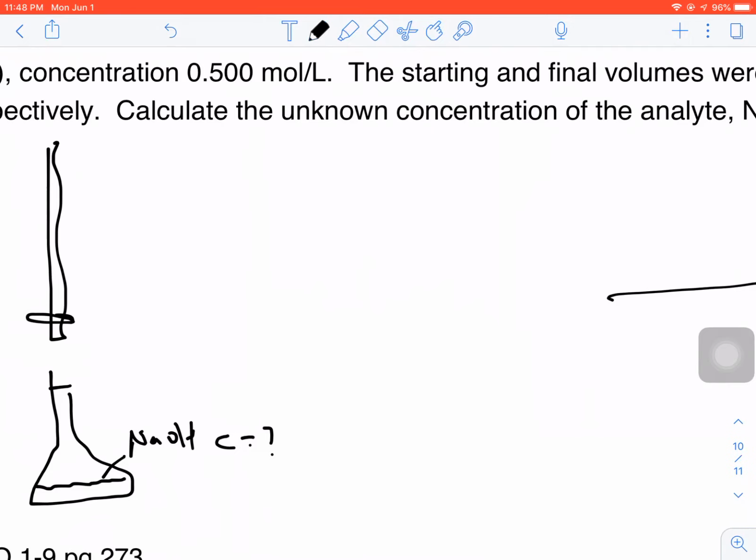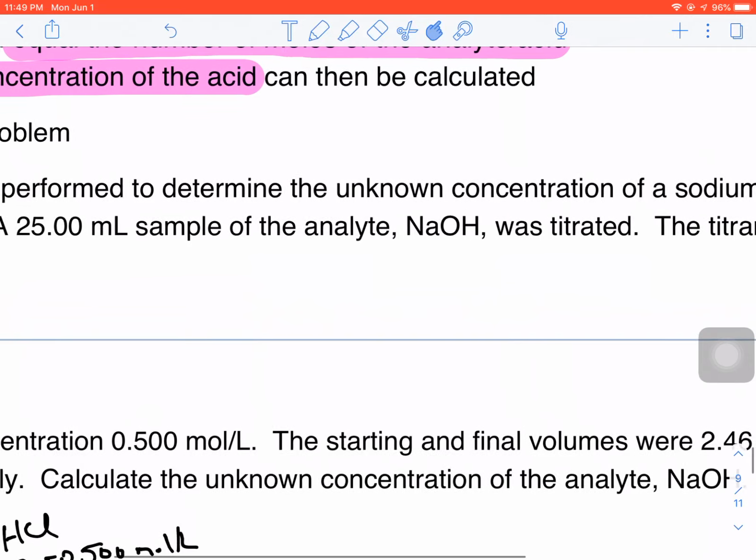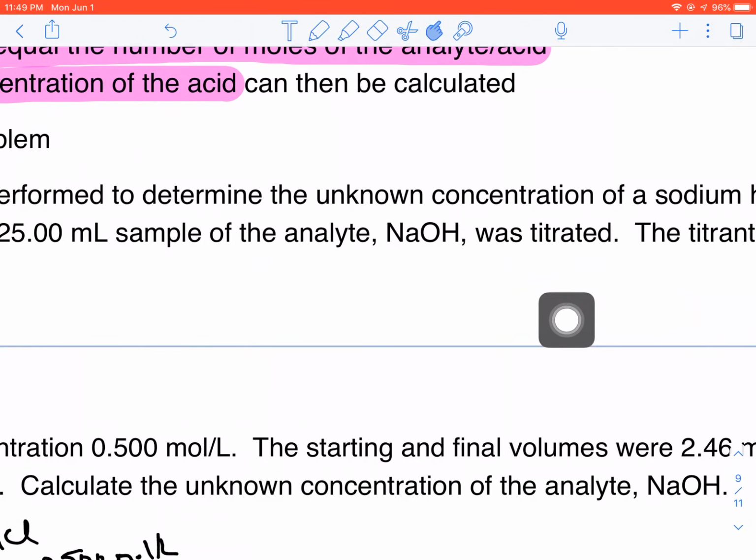Okay, so the titrant in here is hydrochloric acid, HCl. The concentration is 0.500 moles per liter. And I'm going to find the volume used for the lab. What I know is the concentration of acid right now, and I know the volume of NaOH that I put into the Erlenmeyer flask, and it says we're going to have a 25.00 milliliter sample of the analyte sodium hydroxide.